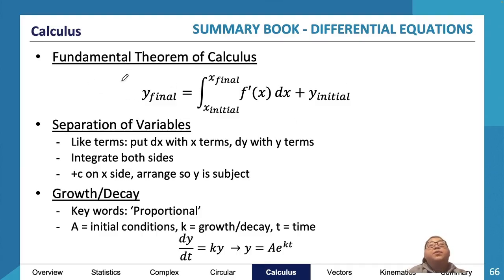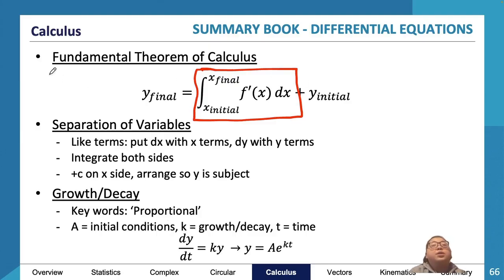So the fundamental theorem of calculus is going to be your x final, x initial, plus your y initial, because this gives you the amount of change that's happened, the amount of change in your y from your initial to your final.